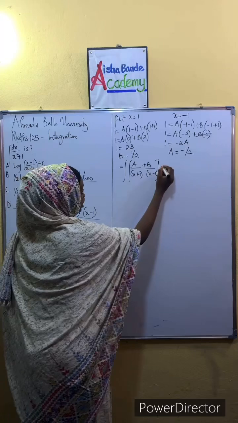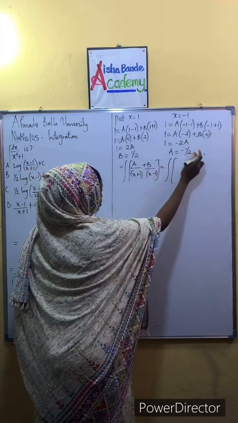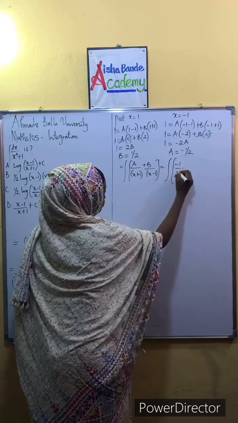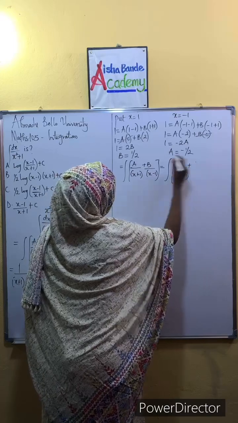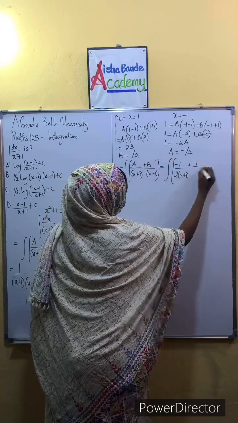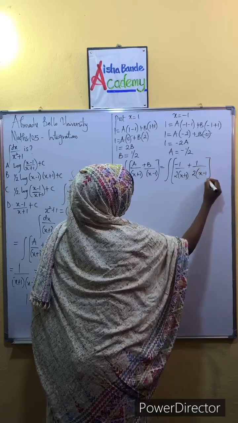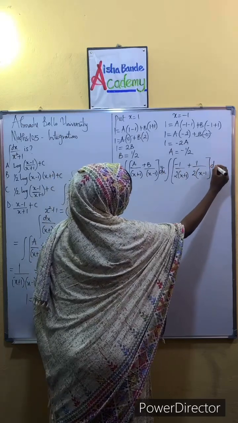We are going to have the integral of minus 1 over 2 times (x plus 1), plus 1 over 2 times (x minus 1), dx. So let's not forget the dx.